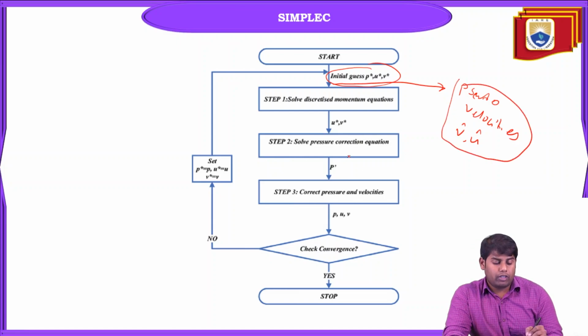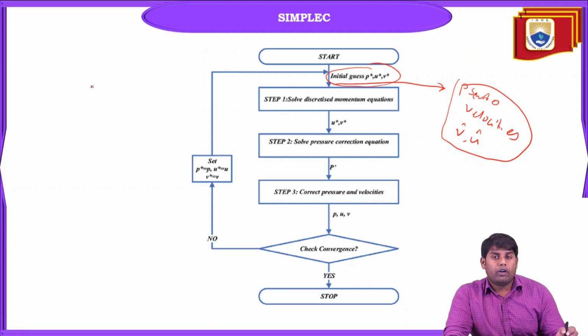Those pseudo parameters will go into the discretized equation. So the basic difference between SIMPLER and SIMPLEX is that in SIMPLER the guess values go directly into the discretized equation. Here it doesn't. Before that, we calculate the pseudo velocities, and from that you are basically trying to refine the value of the guess.